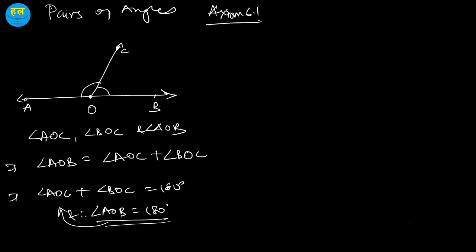Which says that if a ray stands on a line, then the sum of two adjacent angles so formed is 180 degrees. What does it say?